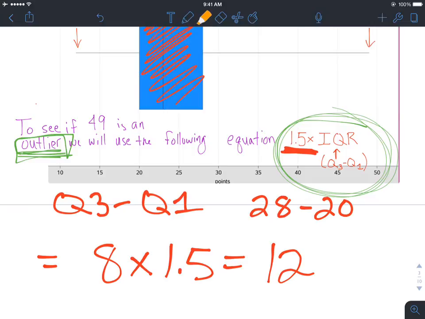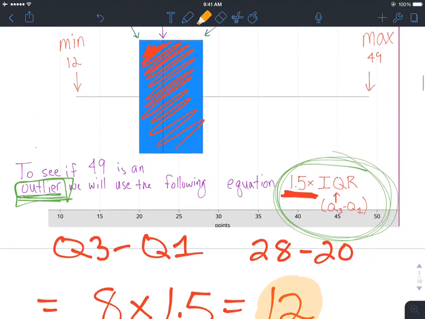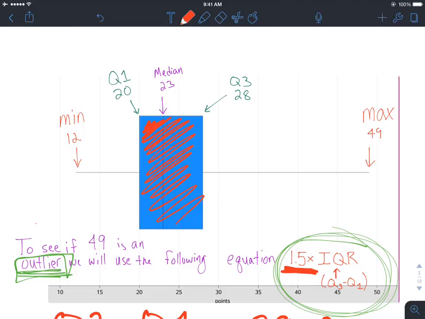So this 12 is going to be critical for us. What we are going to do now is take this 12 and subtract 12 off of Q1 and add 12 to Q3. If I subtract 12 from Q1, I get 8.